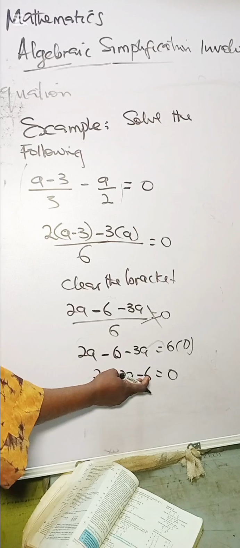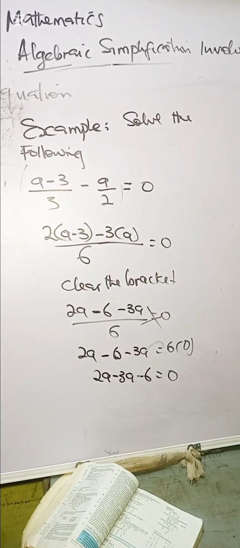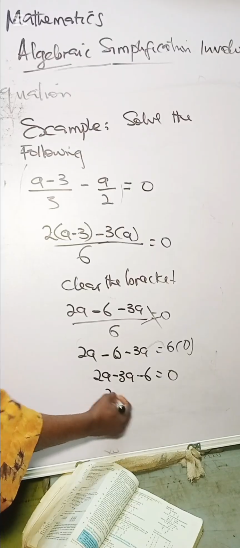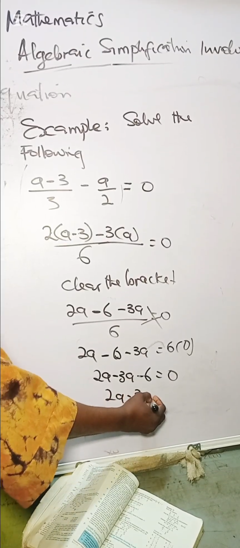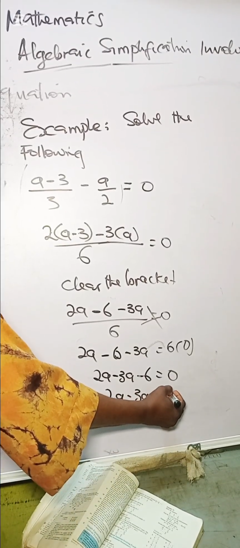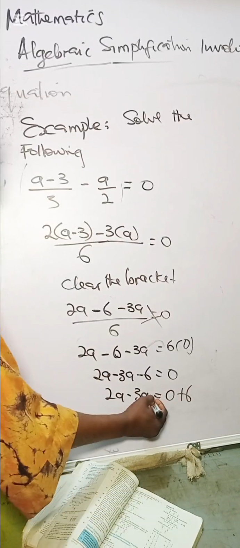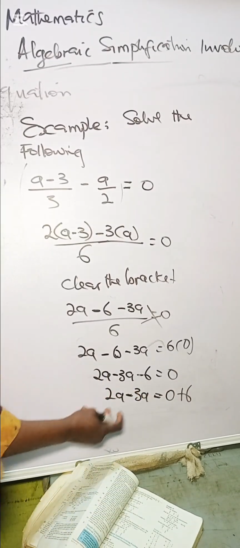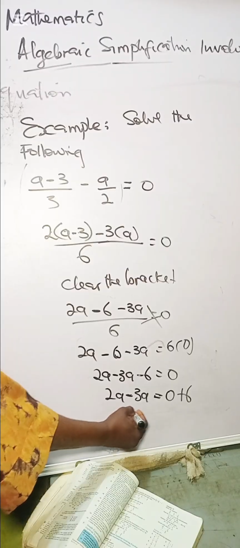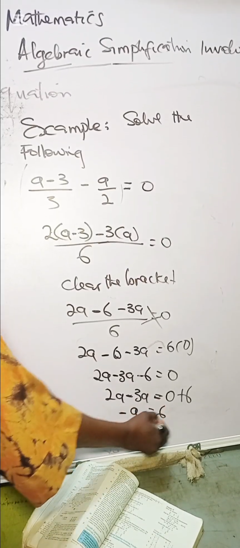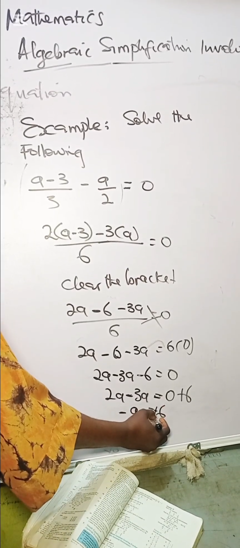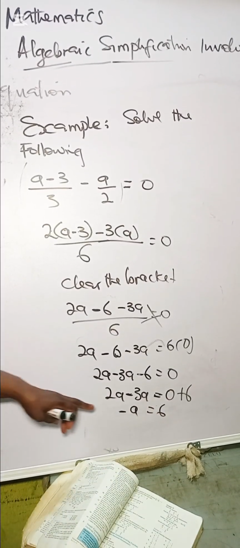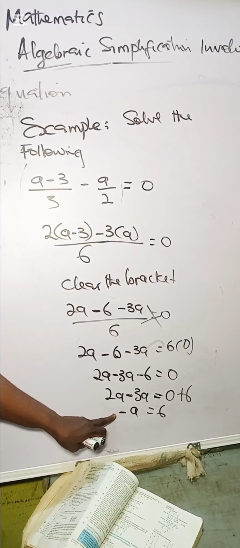So I'm going to collect the like terms. So 2a minus 3a, okay, minus 6 is equal to 0. But this 6 will now come to this side. Are we together? So we are collecting the like terms. So 2a minus 3a all equal to 0 plus 6. 0 plus 6 will give us what? 6. So 2a minus 3a will give us minus a is equal to 6. Now when you divide both sides by the coefficient of a, the coefficient of a is what? Minus 1. Exactly.